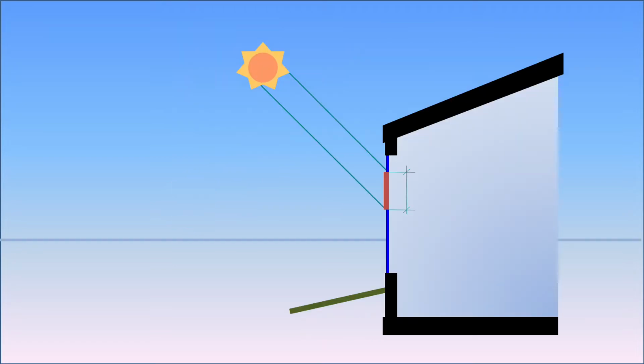So, when we are facing south, we are capturing the summer sun at its highest point in the sky, thus reducing the intensity of that gain and our overheating. It also reduces how far the sun penetrates into the building.